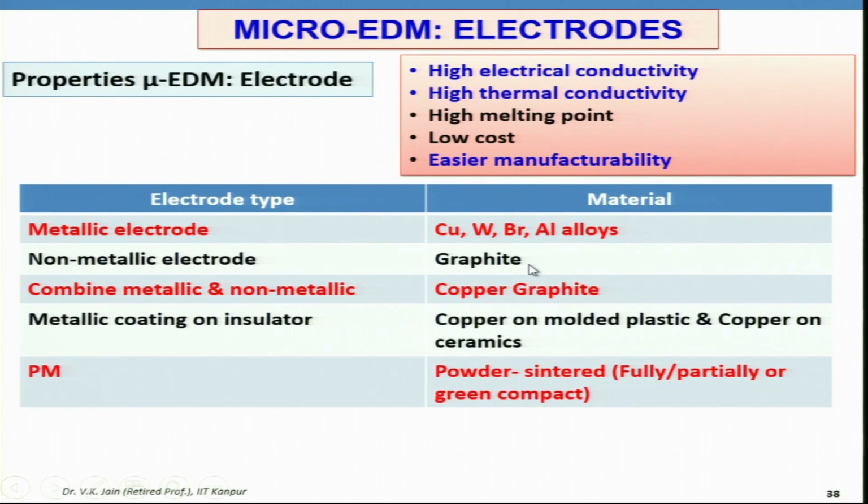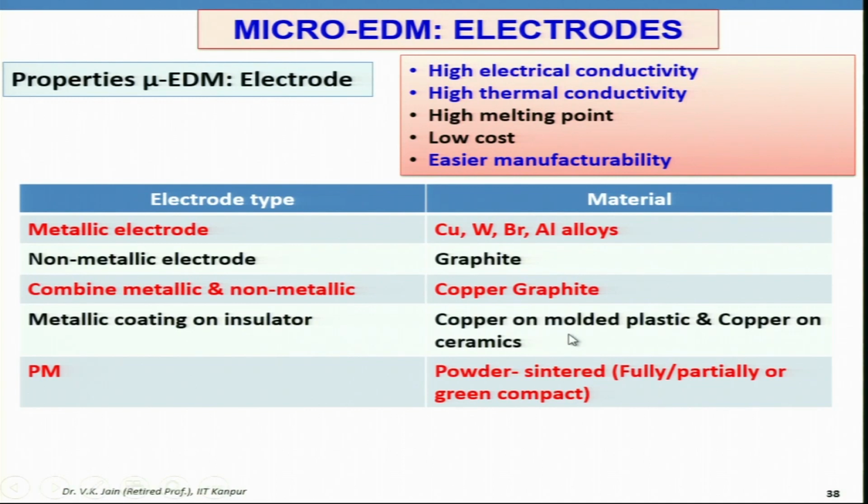It is quite commonly used in EDM, and it can also be used in EDMM processes. Copper graphite, copper on molded plastic and copper on ceramics. So, these are metallic coatings on insulators. You can use them as the electrode, because externally you have the metal coating which is electrically conductive.